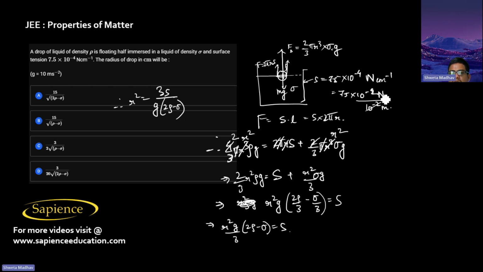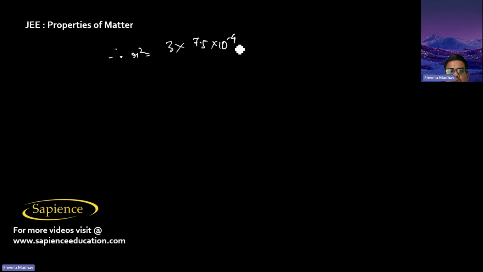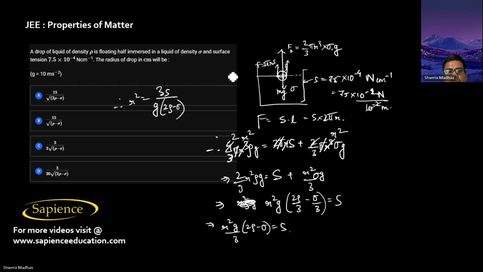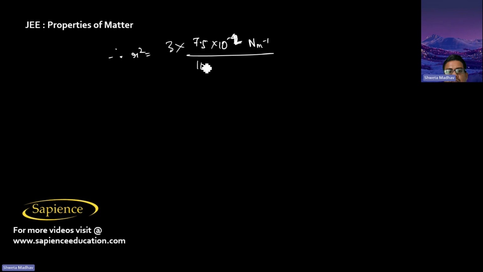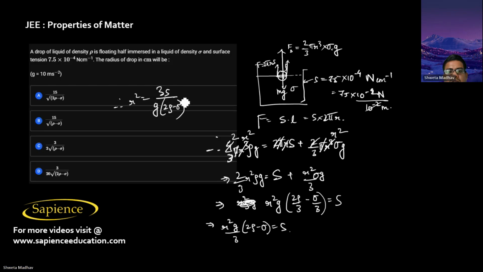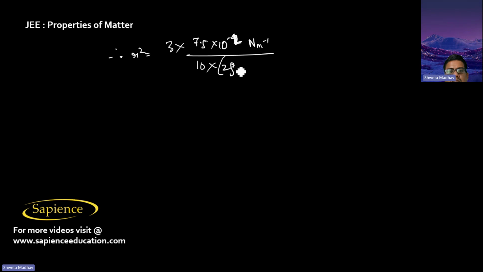So 7.5 into 10 power minus 2 Newton per meter. This is the surface tension, divided by g, which is told to take as 10, into 2 rho minus sigma.